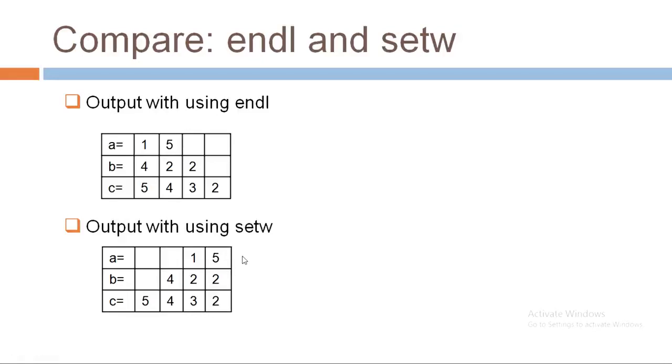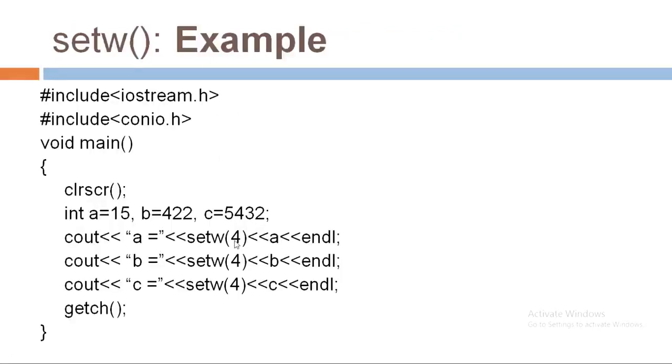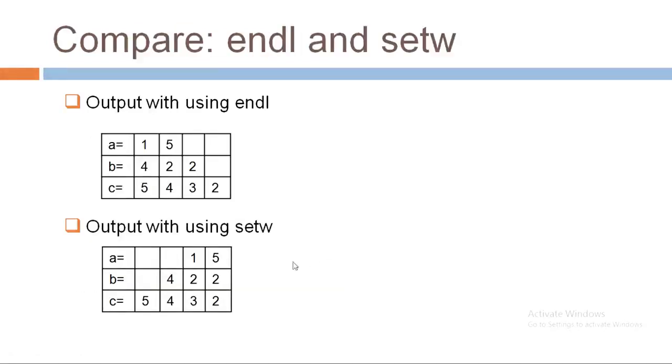As we have defined setw with 4 spaces, the value of a, that is 15, will be displayed right justified. So the previous 2 spaces will remain blank. Same way it will work for variable b and variable c.